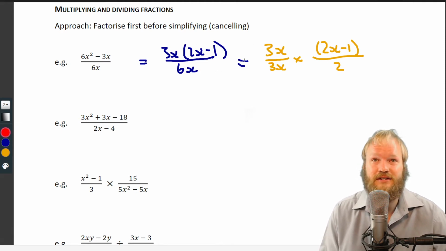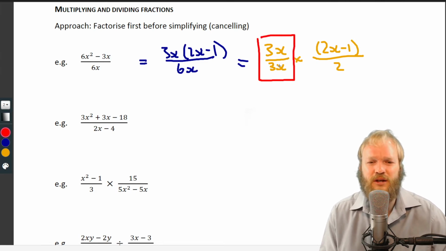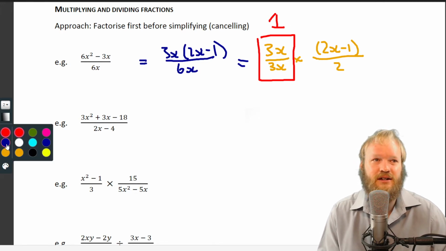So in our cancelling, what we're really doing is saying, how can we manipulate this to get something that's 1? The same thing over itself is 1, unless, of course, the denominator is 0, so presumably x isn't 0 here. What we're really saying is this is the number 1, and 1 times anything is itself.